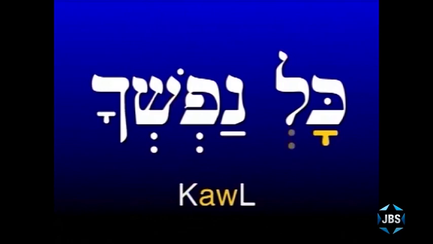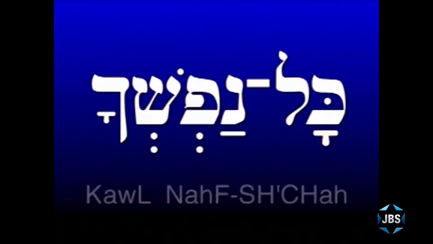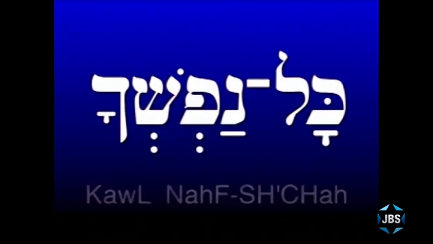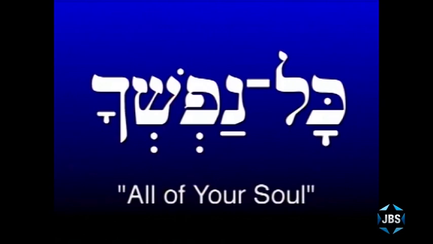The lamed has a silent shva, and it is as if it is the first syllable of a two-word phrase. Kol nafshecha, not kal nafshecha, kol nafshecha. And kol nafshecha would be all your soul.